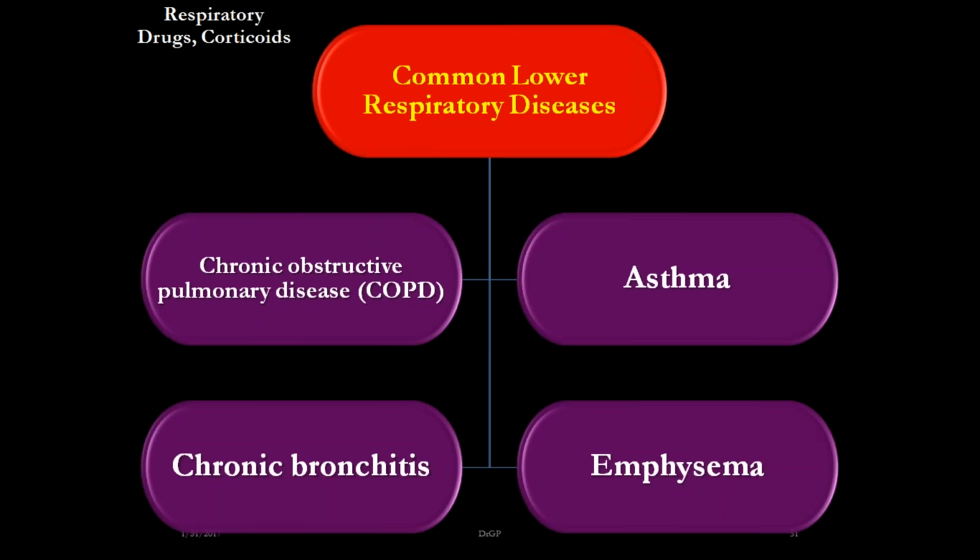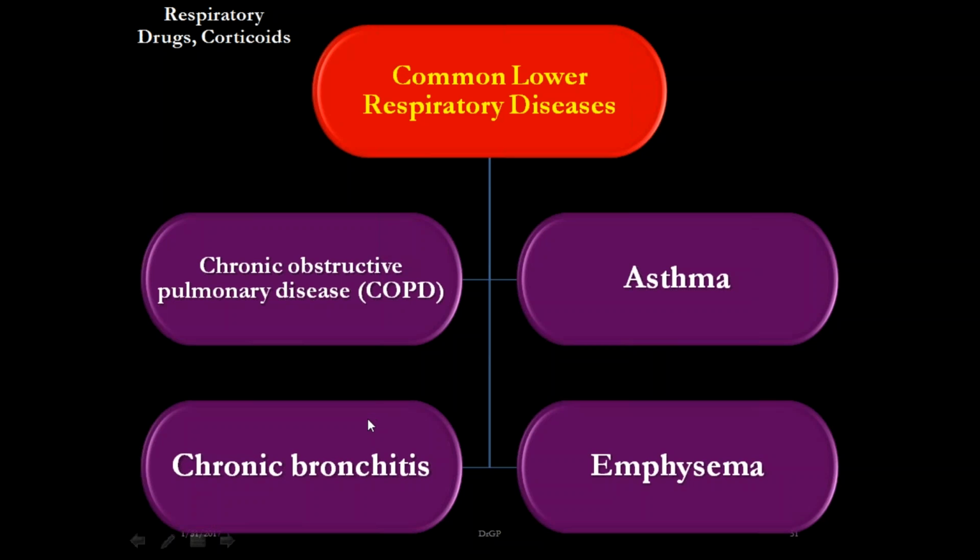Lower respiratory tract, these are all obstructive: COPD, asthma, chronic bronchitis, emphysema. For chronic bronchitis, you need to remember that it is productive cough for 3 months in a row for 2 consecutive years. That is chronic bronchitis.